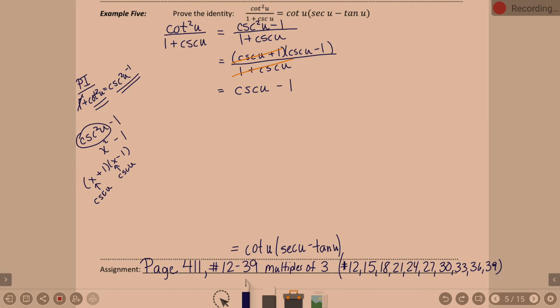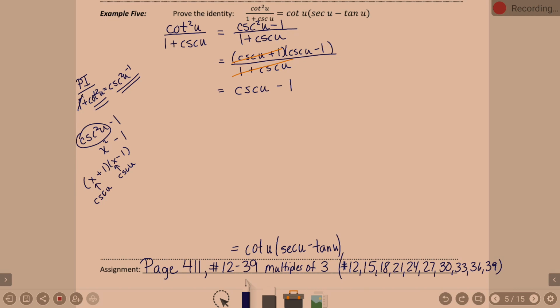cosecant u minus 1. Do you want to break it into 1 over sine? Okay, and that's the kind of situation we've hit, it's like we've got it almost too simplified, if that makes sense. Because our job is to show that it somehow circles around to this cotangent u times secant u minus tangent u.